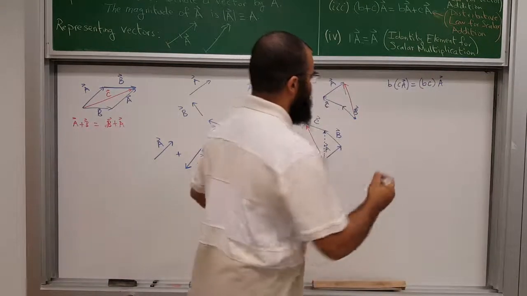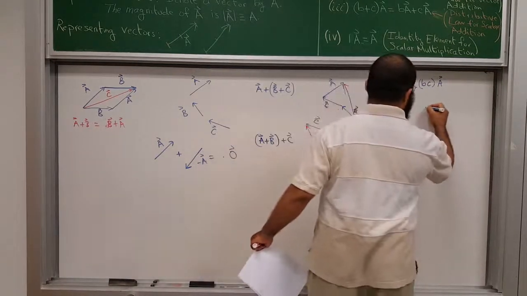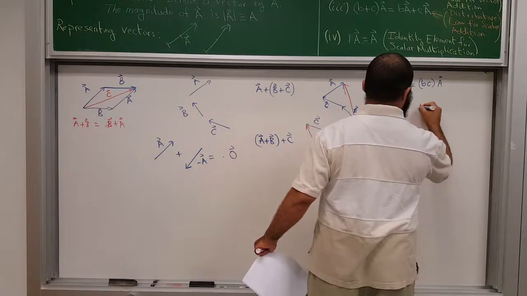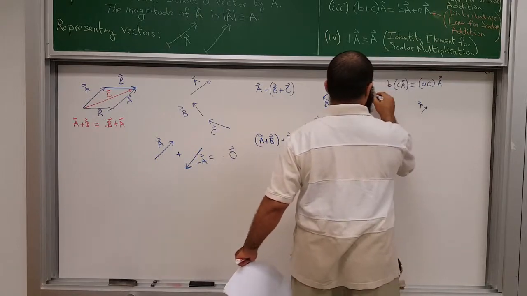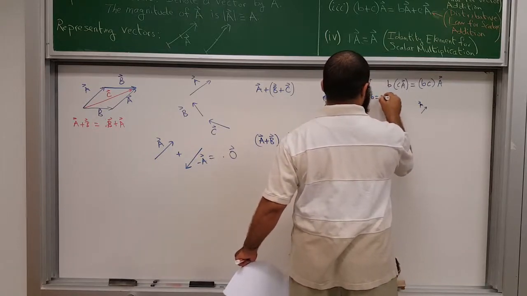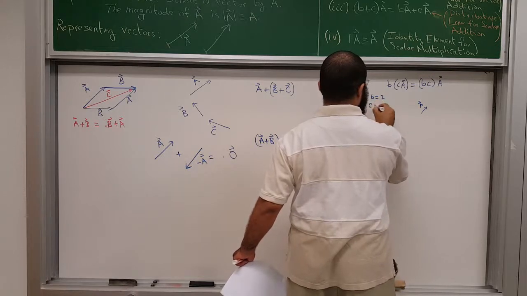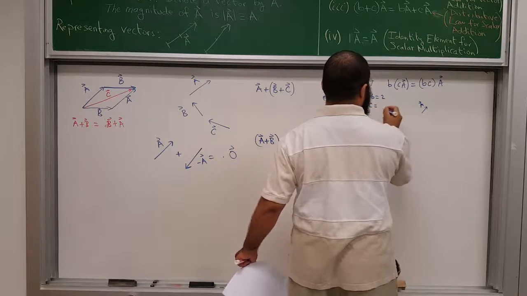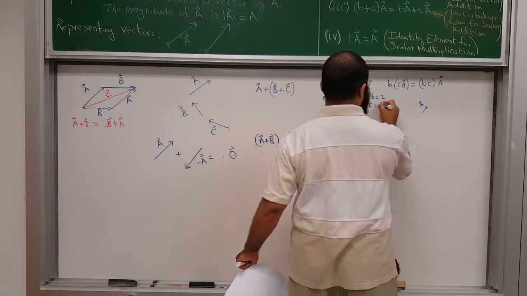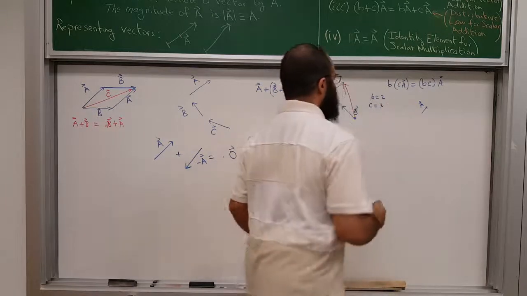So here is an example. Let's say here is vector A. It's 1 unit. And let's say B is equal to 2 and C is equal to 3.